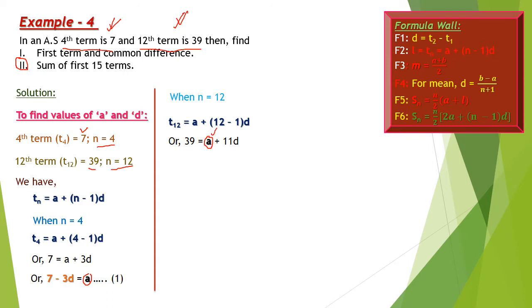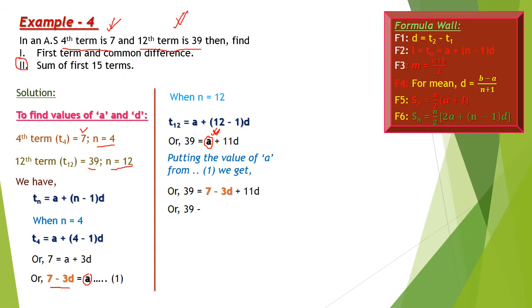Instead of this a, we are going to replace it with 7 minus 3d from equation 1. Putting the value of a from 1, we get 39 equal to 7 minus 3d plus 11d.